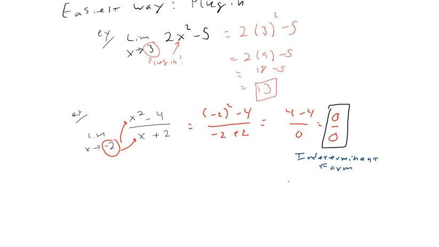This means we have to do more to solve it. 0 over 0 means we don't know what the answer is.